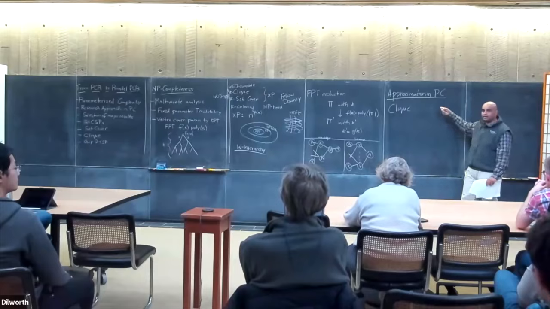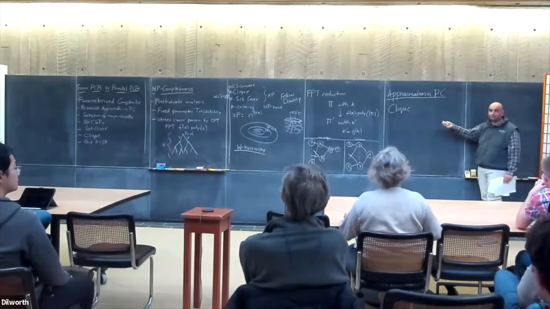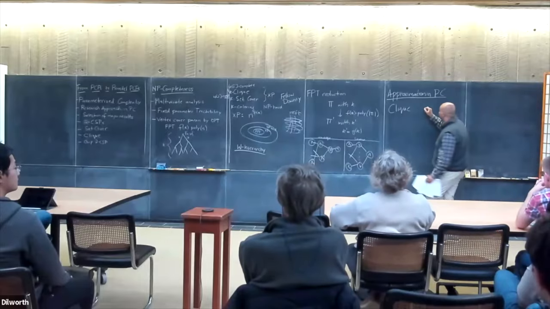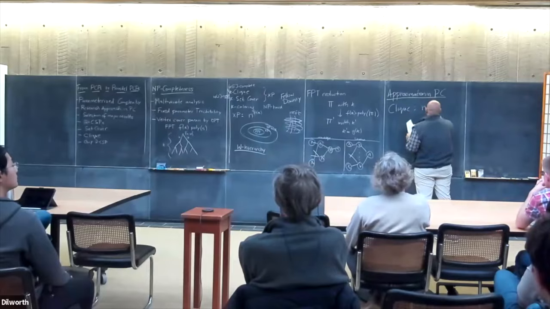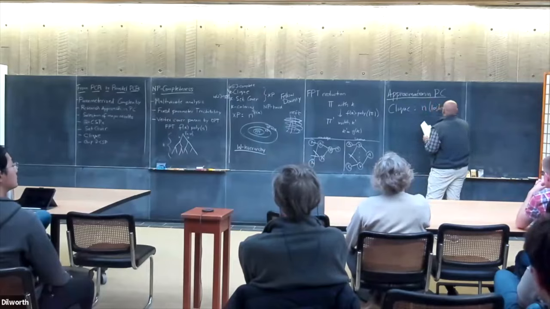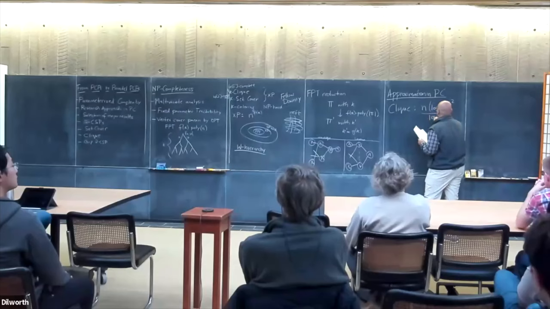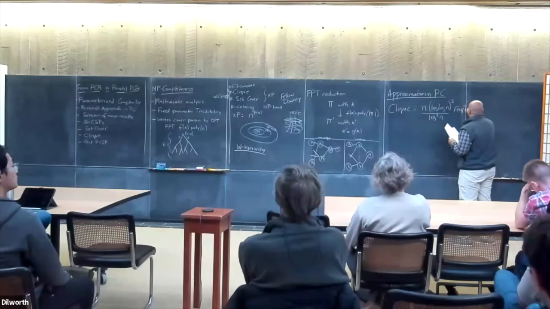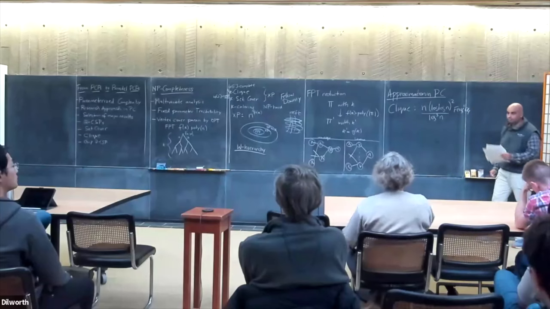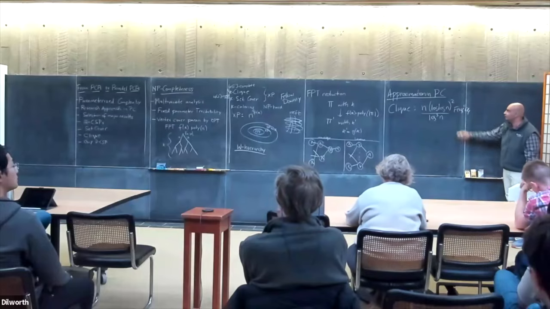You can do better than n approximation, which is just outputting a single vertex. I think this is the state of the art, which is better than n.